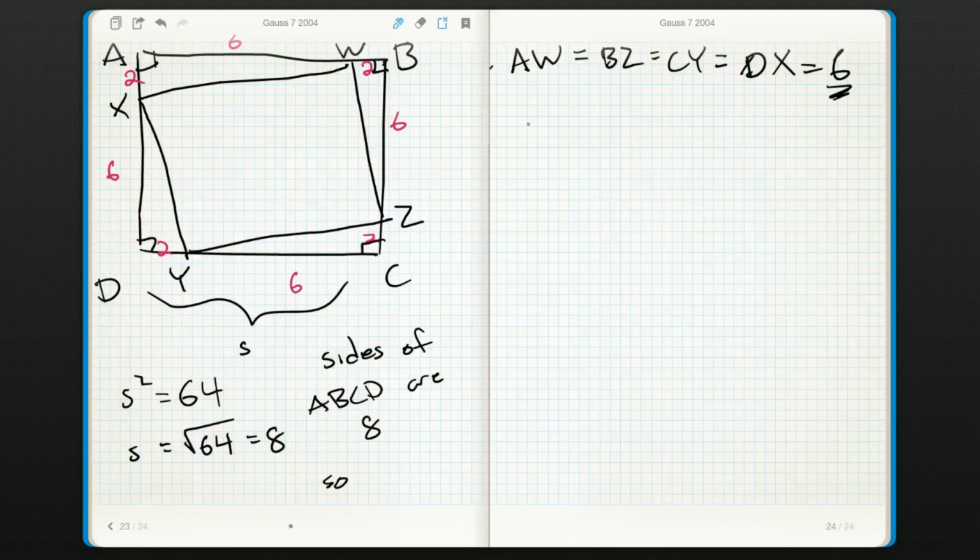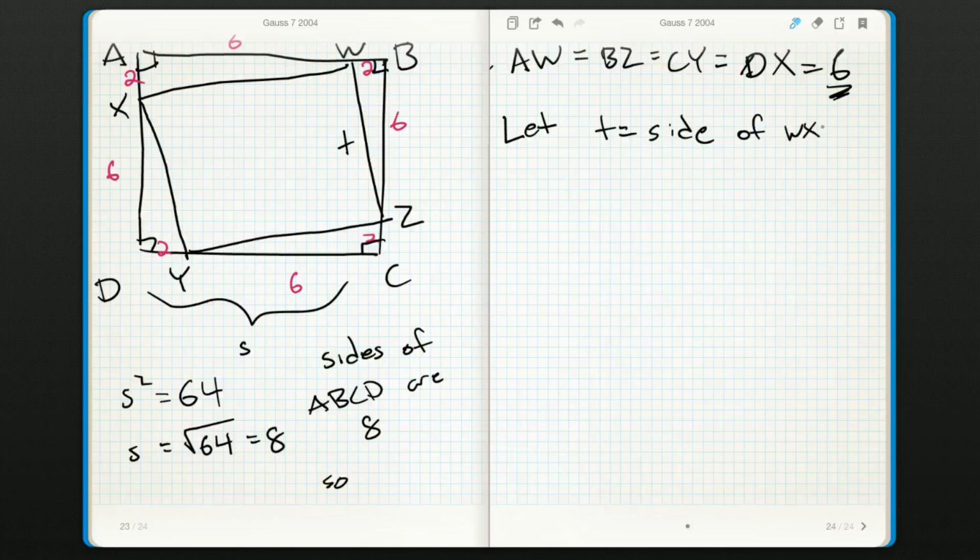So I'll lay out my 2 possibilities. One, we can work out the side length of our square. We can let T equal the side of WXYZ. So to answer our question, what's the area of WXYZ? We just need T squared.